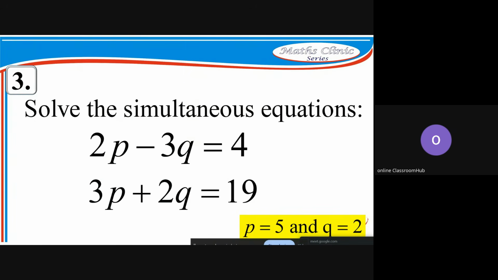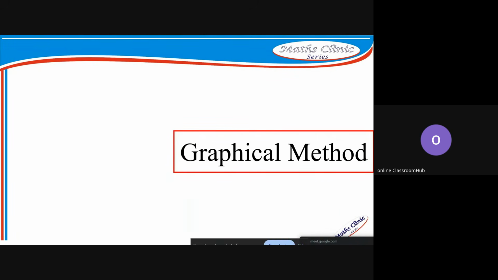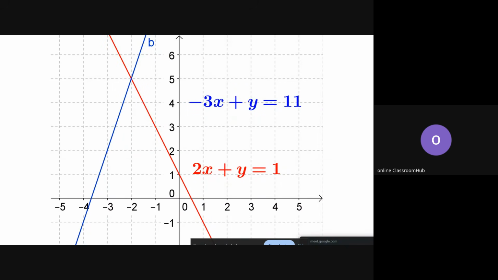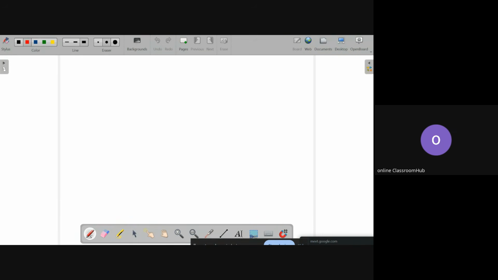So, graphical method. With the graphical method, when you are given the equations, convert the equations to slope-intercept form.